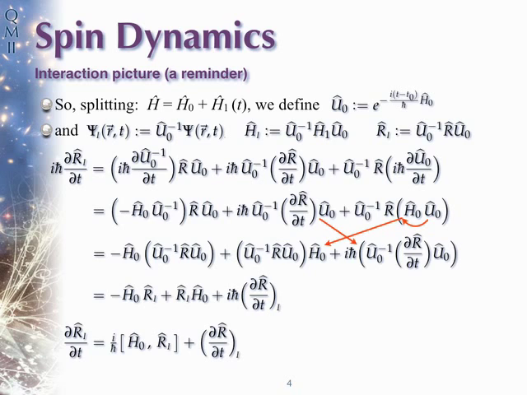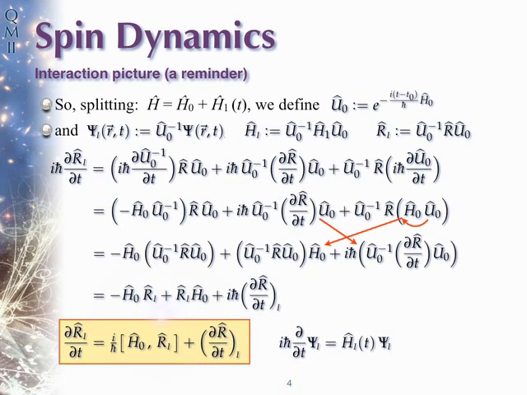So the rate of change of the interaction picture operator equals the commutator, but only with H0, the boring part of the Hamiltonian, of that interaction picture representation of the operator Ri, pre-multiplied by i over h bar, plus a second term, which is the interaction picture representation of the time derivative of the operator as given originally.